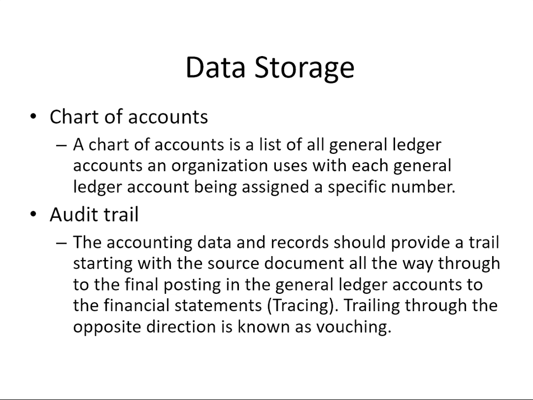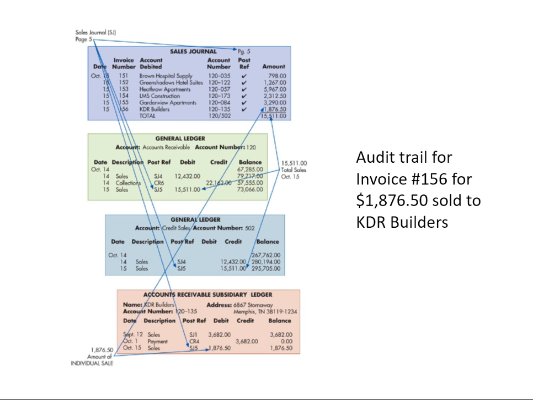We can also track information from the opposite direction. Read the financial statement, then go back to find information in the ledger, then from the ledger to the source document to find out where my purchase order is. We call this vouching. Both tracing and vouching are part of the audit trail. So this gives us an idea what tracing and vouching are.